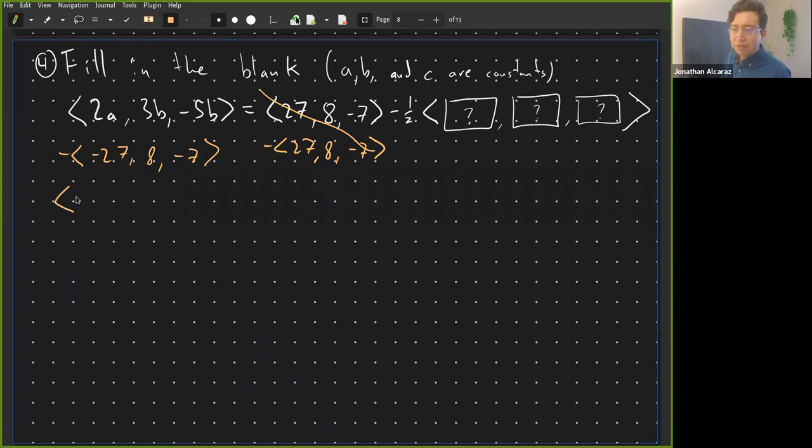So I just do 2a plus 27, 3b minus 8, negative 5b plus 7. All I did is subtract these 2 vectors. That's what I get here. And then on the right-hand side, I end up with just this negative 1/2, and then the 3 blanks I'm looking for.